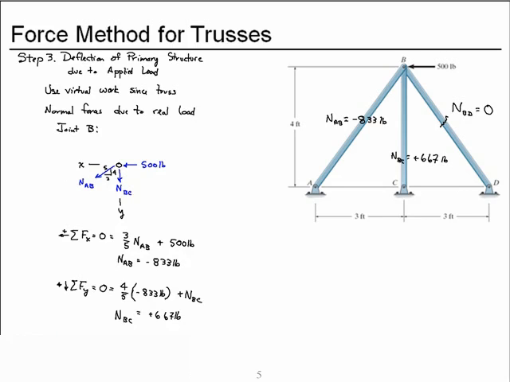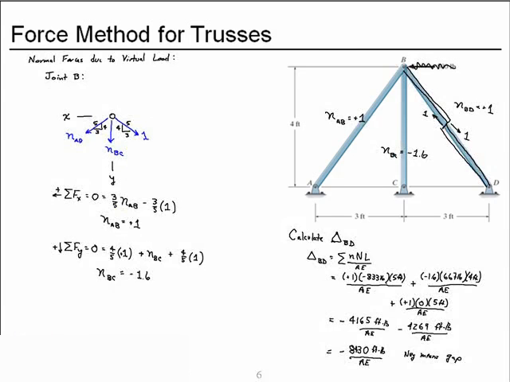So first we calculated the normal forces of the primary structure, that is the structure where member BD is cut, and these normal forces were due to the real load of 500 pounds applied at joint B. We then took off the real load and applied a unit virtual force at the cut in member BD, calculated the internal forces or normal forces due to that virtual load, and with that we were able to calculate how much of an overlap or gap there would be in member BD due to the real force applied when member BD is cut.